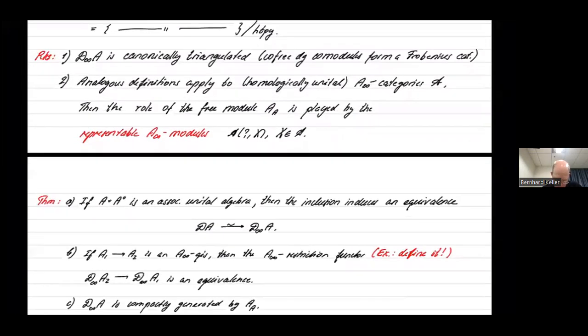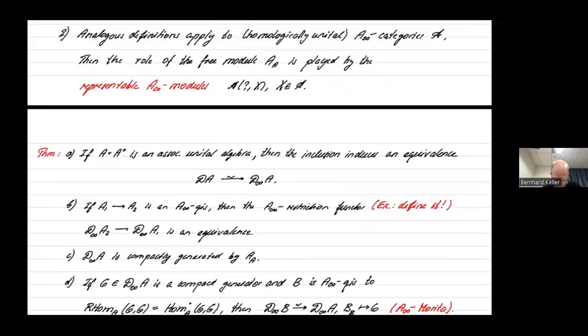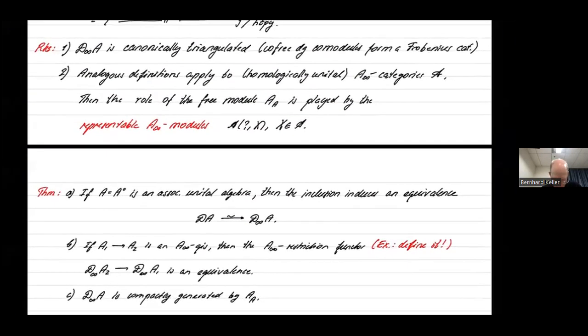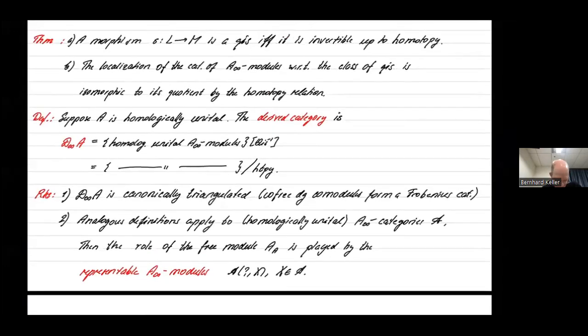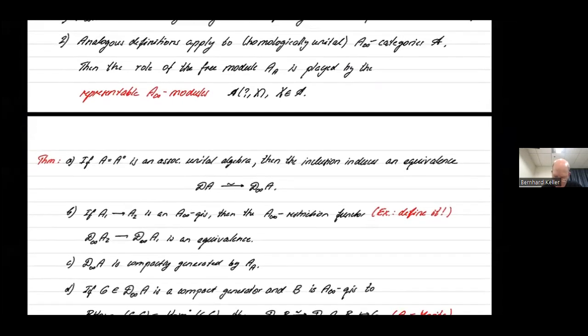Right. And on the right-hand side, we have minimal models. Yes, but anyway, as for DG algebras, for DG modules, we also have an analog of Kadeishvili's theorem. Up to A infinity quasi-isomorphism, we can replace a DG module M by its homology with an A infinity module structure, which is minimal.